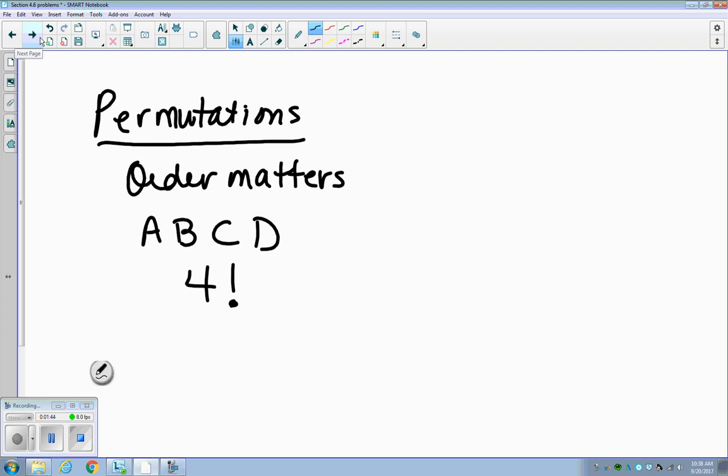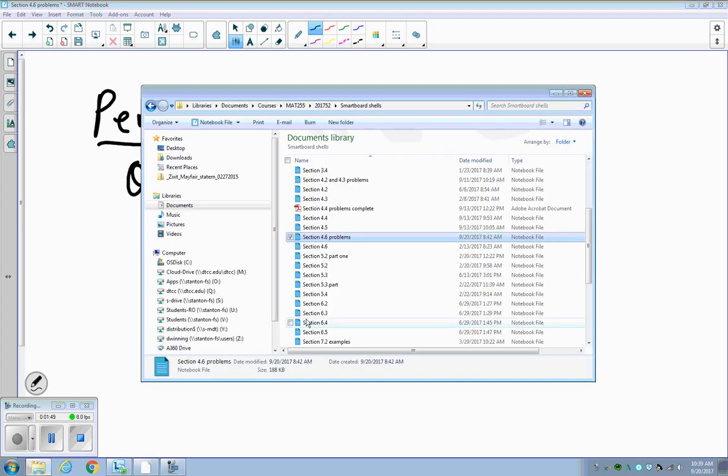Let me bring up my calculator just so that everybody's knowing exactly how to do it on their calculator.